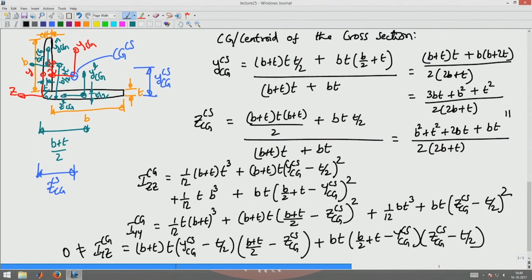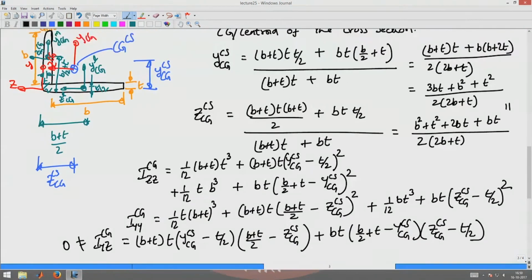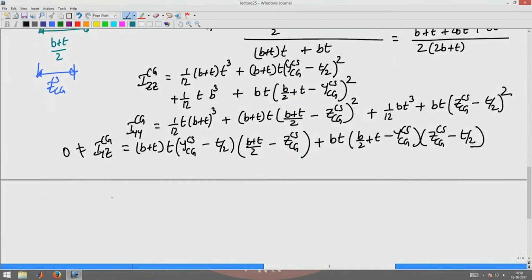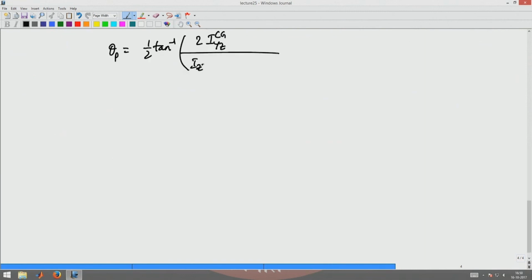Now, you have to find the orientation such that I y z goes to 0. That will give you the orientation of the principal axis. So, the orientation of the principal axis, theta p, will be 1 half tan inverse of 2 times I y z of the central axis divided by I z z of the central axis minus I y y of the central axis, okay.